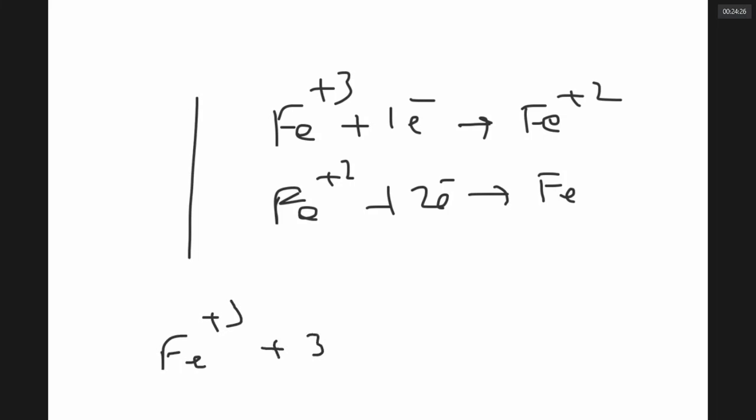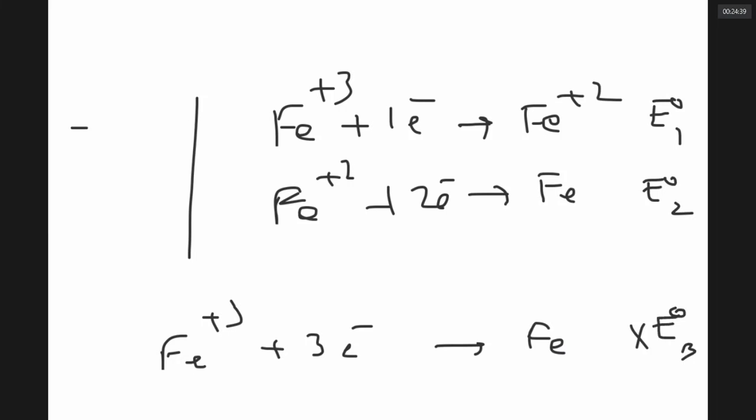No, it is not possible, because electrode potentials are not additive. But minus of nFE0, that is the delta G value, is additive.